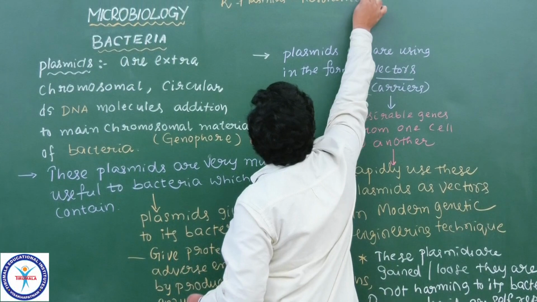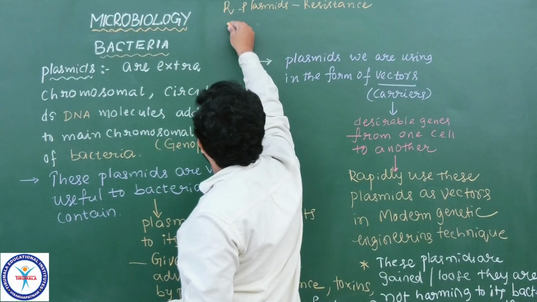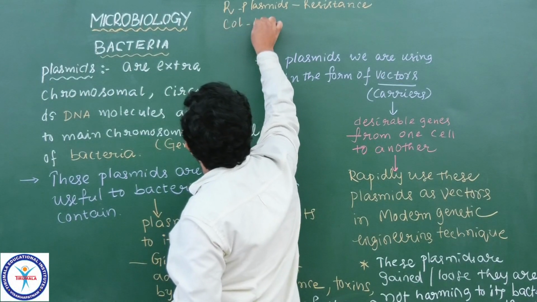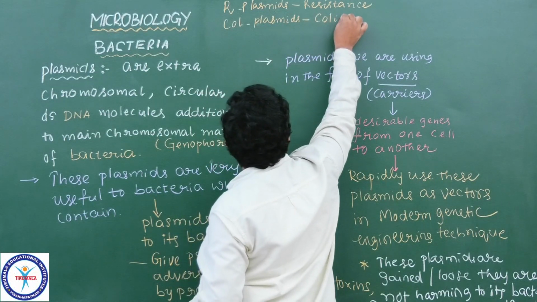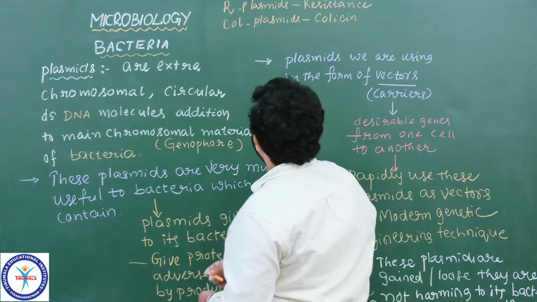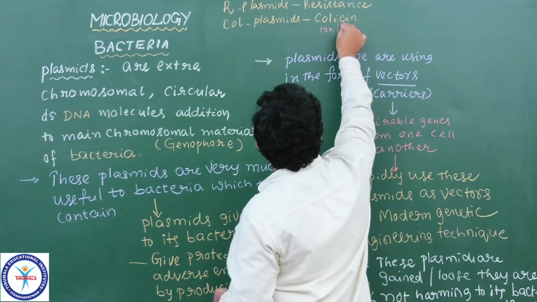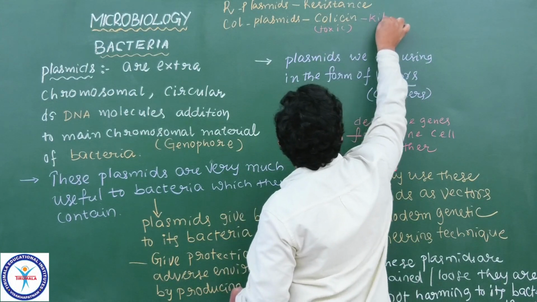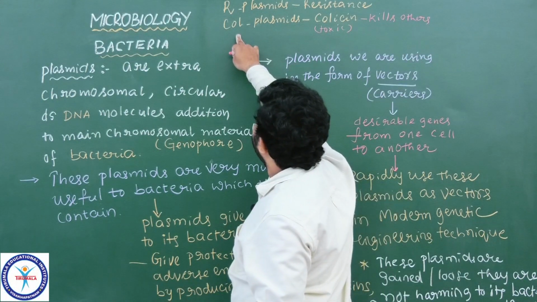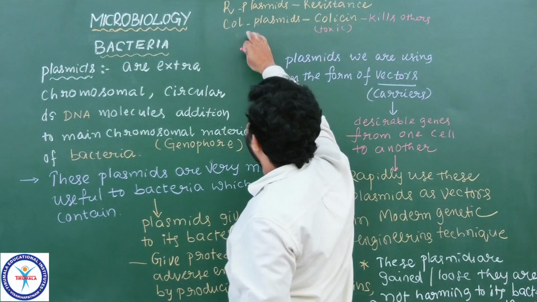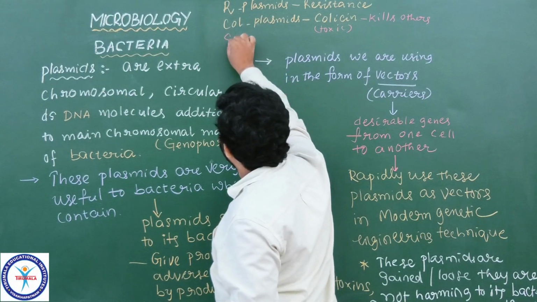They give resistance to the bacteria against extreme or adverse conditions. Other plasmids are col plasmids, because they release a toxic substance called colicin, which kills others. So bacteria with these plasmids are able to kill others to keep their own cell safe. Next one is sex plasmids.